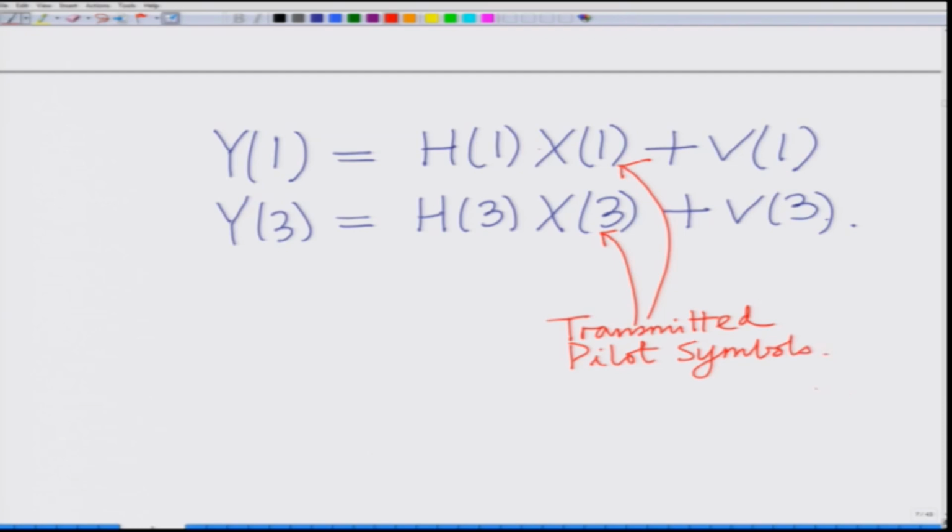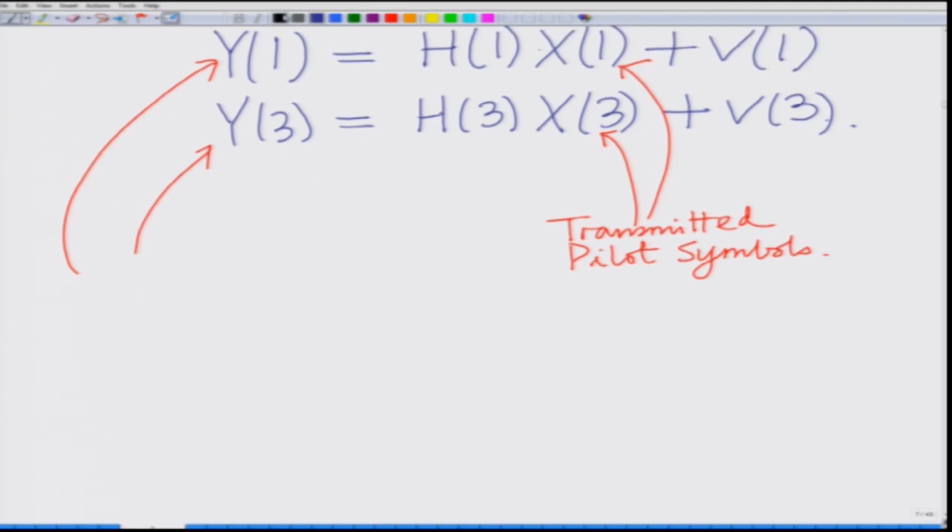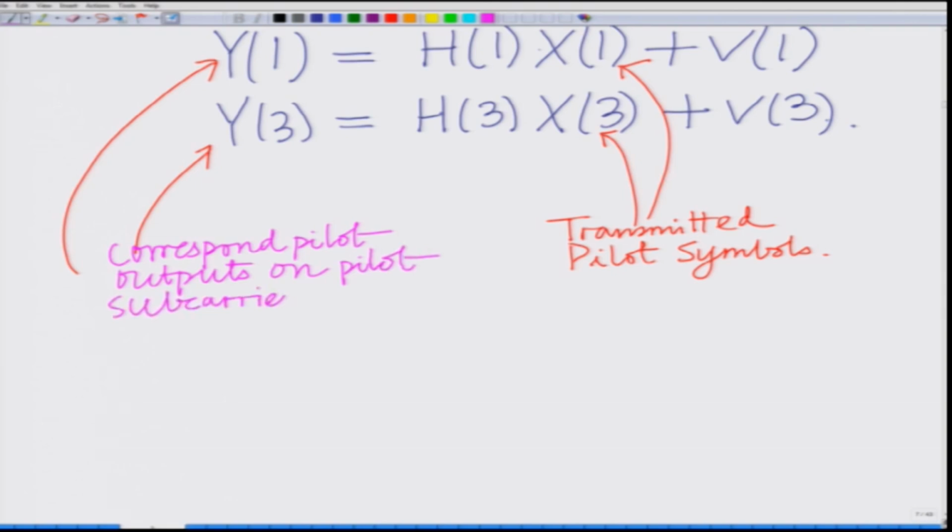So, these can now be used for channel estimation, and Y1, Y3 are the corresponding pilot outputs on the pilot subcarriers. That is important to keep in mind.